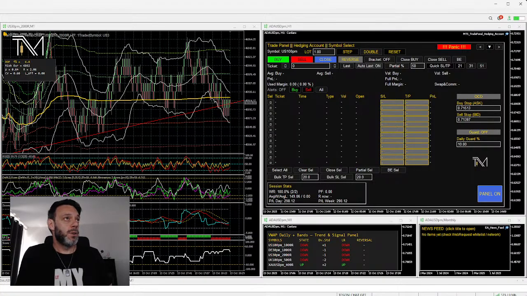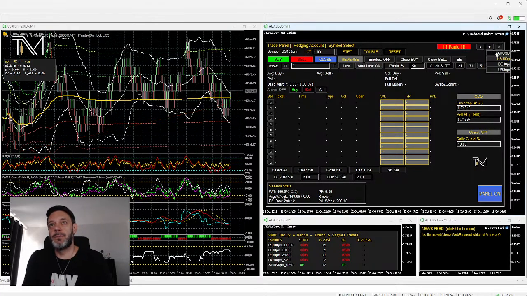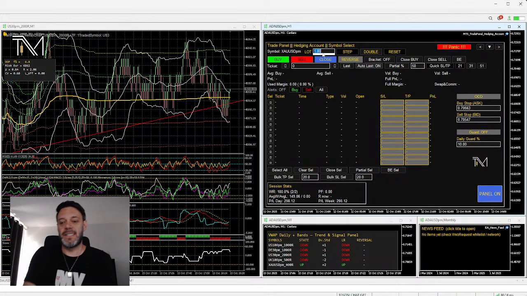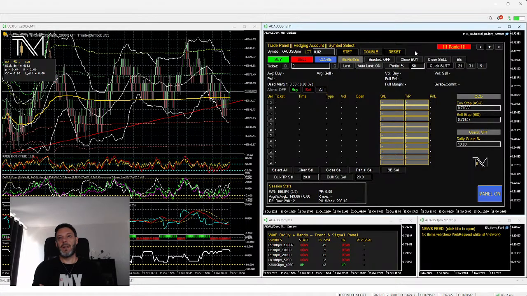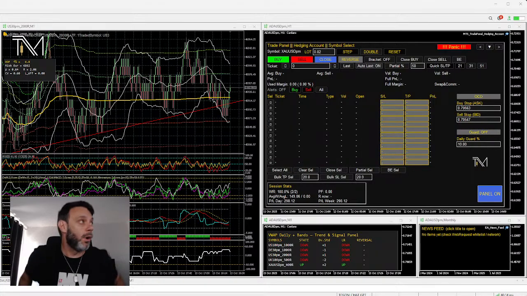So we will start selling gold on the first bearish brick on Renko, but we will be super careful with lots. We'll use 0.02 and we will go with this kind of step. So we'll go 0.02. If the market goes against us, we'll make 0.04, 0.06, and so on.